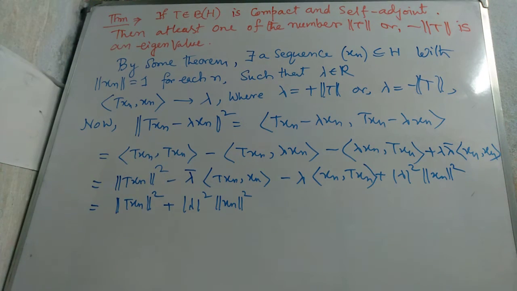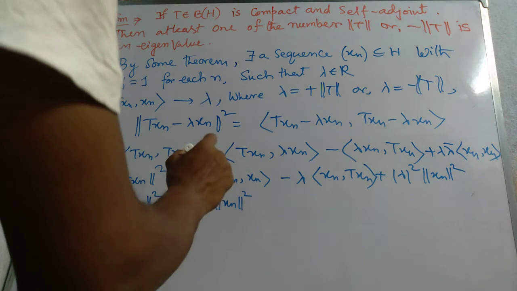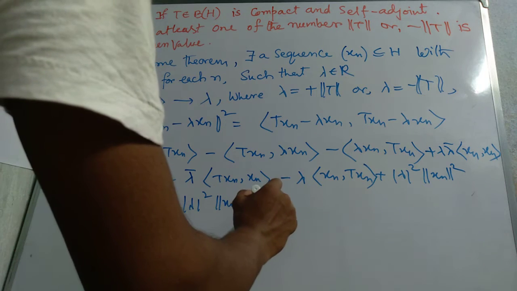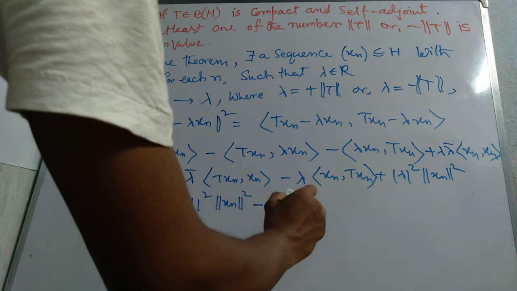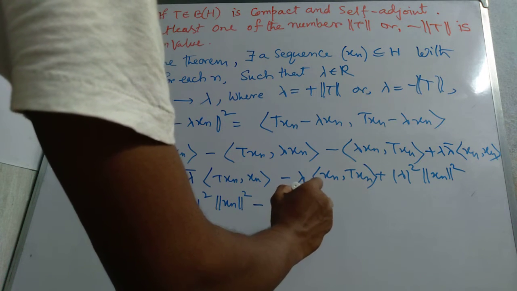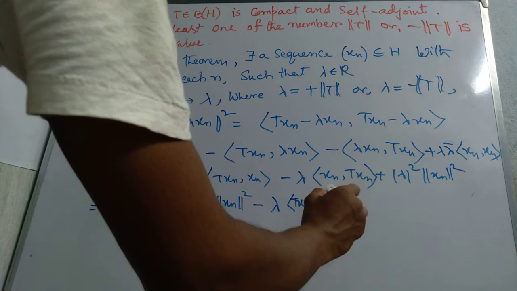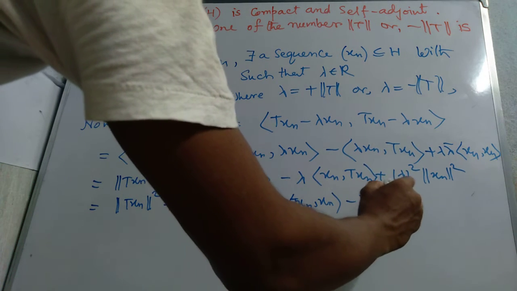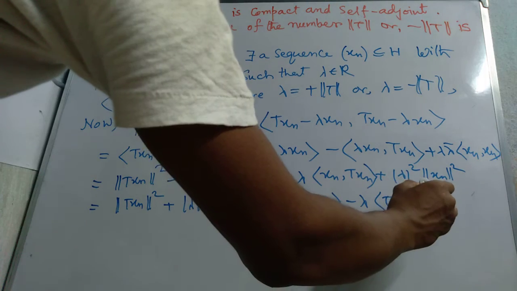Here T is self-adjoint, so lambda and lambda conjugate. This one obviously difference lambda x_n, Tx_n, x_n. Here this one obviously Tx_n, x_n.